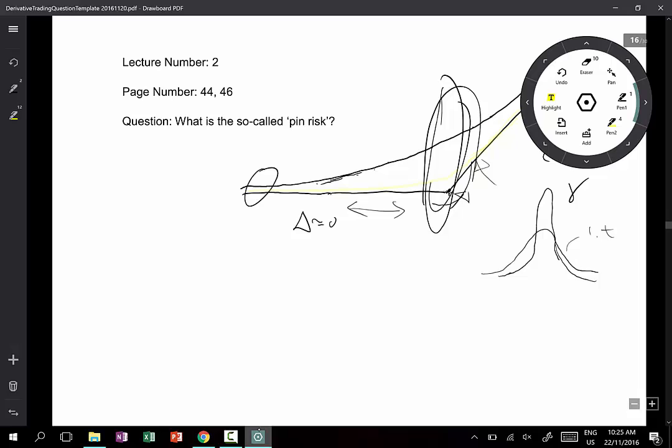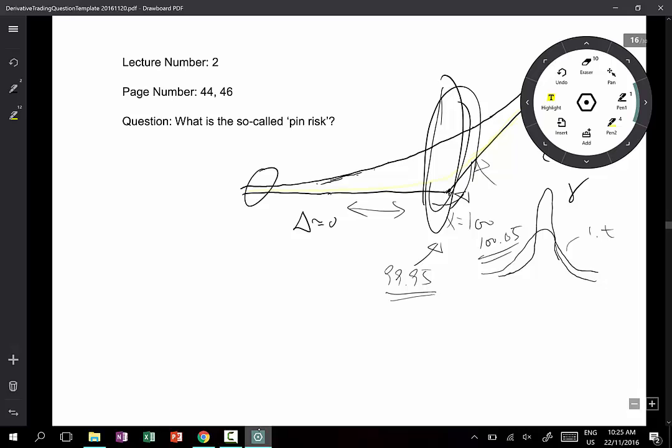So imagine if your strike was 100 and you only have 1 hour to expiry, and the spot price was sort of jumping around between 99.95 and, let's say, 105 cents. Now by definition, technically, one moment is out of the money, and then the next moment is in the money, out of the money, in the money.